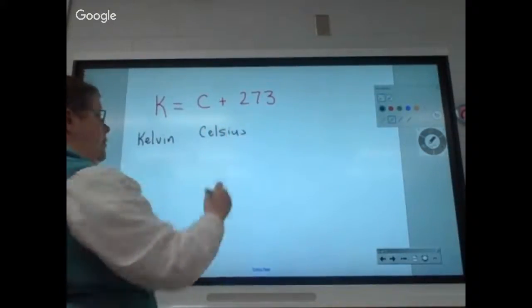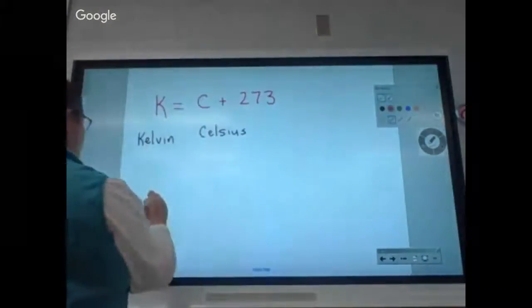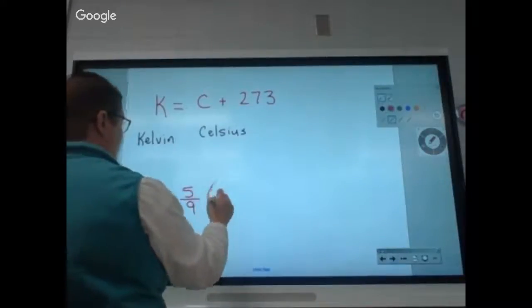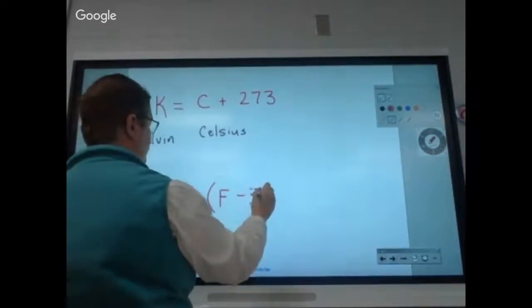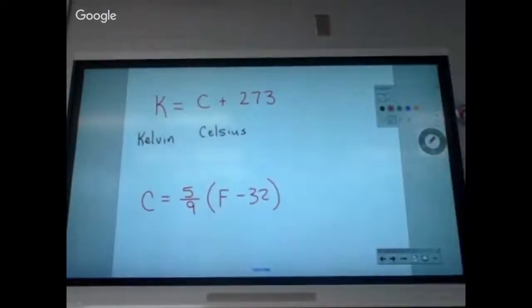Now, at the very bottom of that page, you may add a formula. You may add C equals 5/9 (F minus 32). You should hopefully have seen it before. So Kelvin and Celsius is the top one. Kelvin to Celsius is the top.